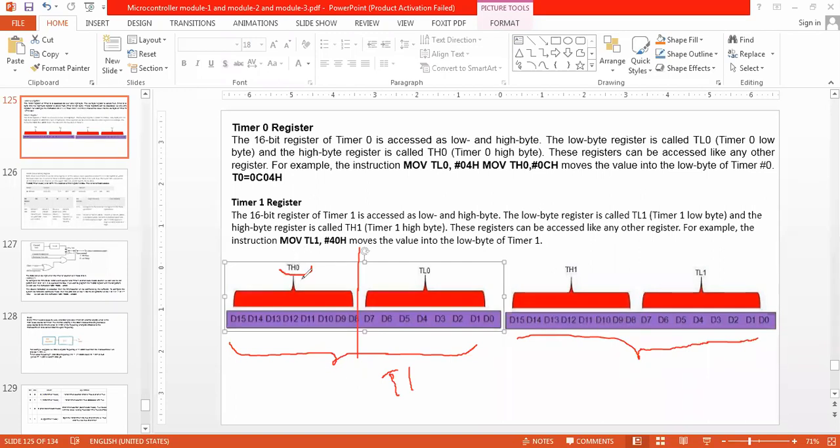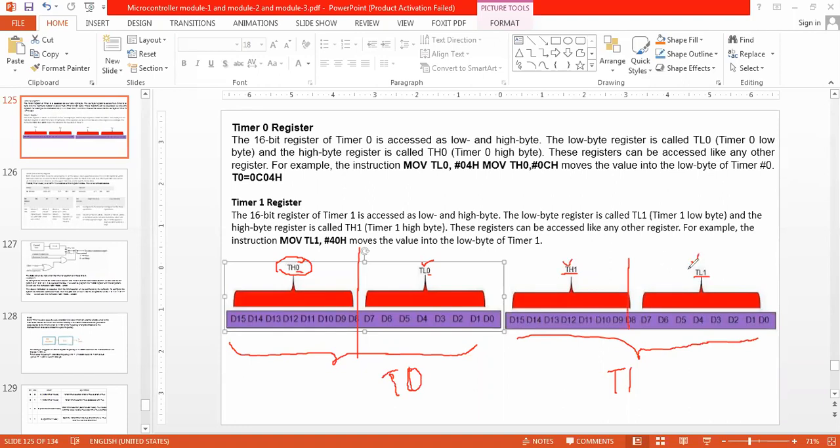Timer 0 is divided into two 8-bit registers: timer high 0 and timer low 0. As it is timer 0, the 0 is fixed here, and the suffix is going to be TH and TL. In the same way, we have the Timer 1 register of 16 bits, divided into 8 bits. So we have TH1 and TL1, timer high 1 and timer low 1.